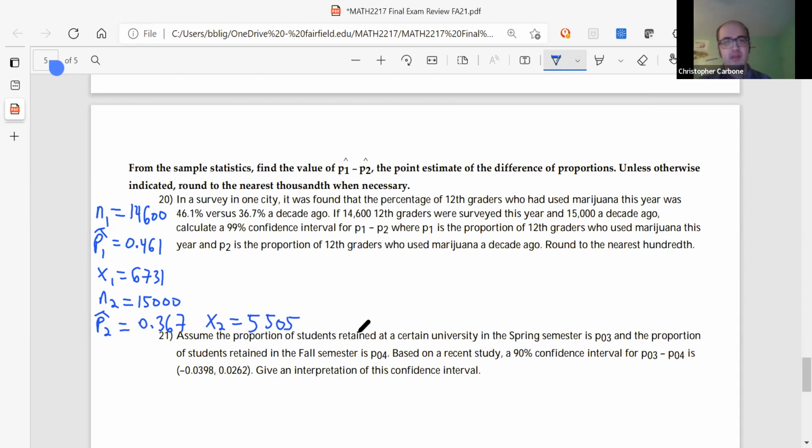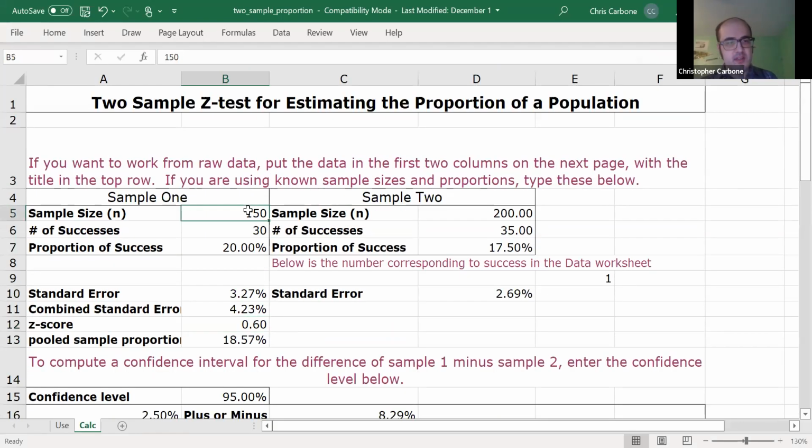So let me open up our two proportion template, that being this one. The sample size for the first sample, as just indicated, is 14,600. The number of successes we calculated was 6,731, and we should see that 46.1% on here, which we do.